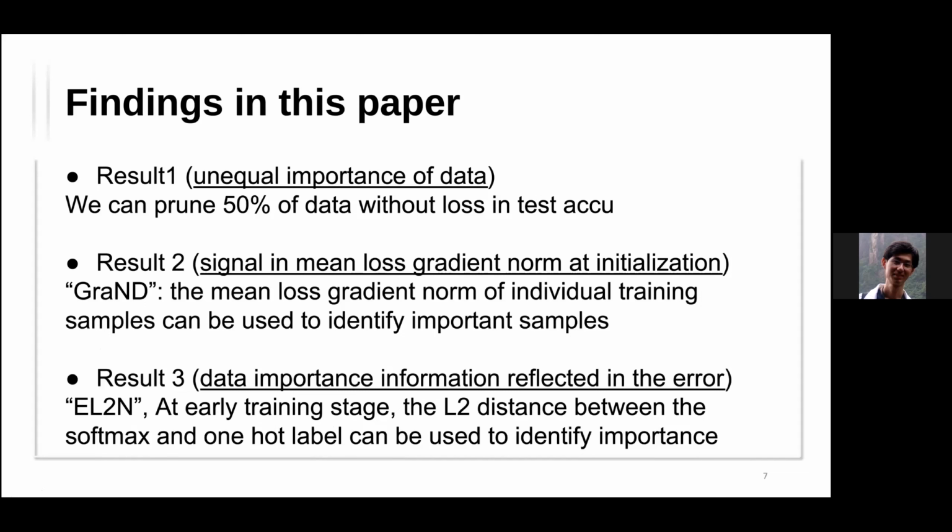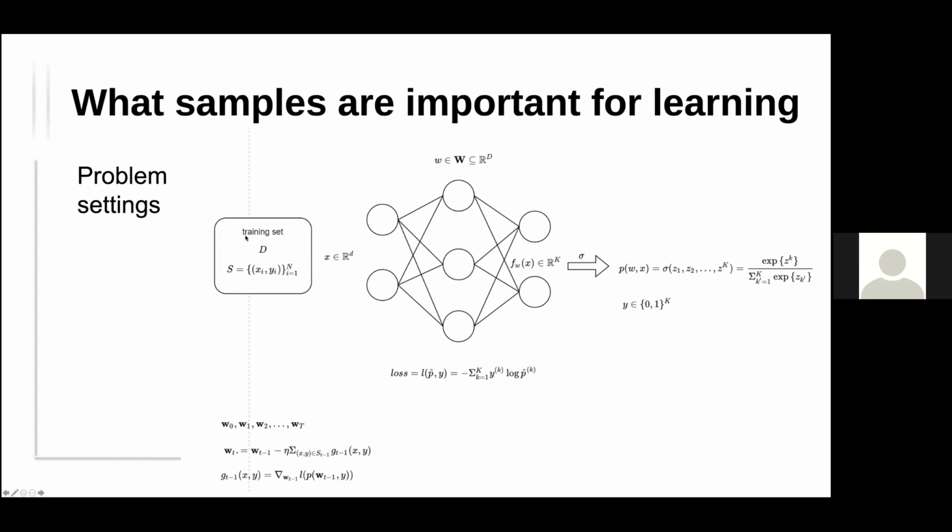Okay, so this is the paper we are discussing today. And the problem setting is like this. At first you have a training data set following a distribution D, and you have a finite collection of points, which we denote as S, and it has N training samples.